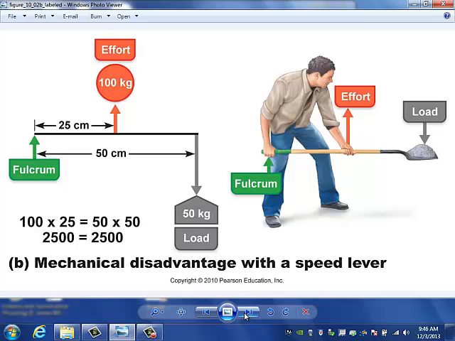So we have the fulcrum, the steady point down here at the end. The lever is this wonderful handle of the shovel, and the effort is you picking up on that lever. The load would be whatever you have in the end of your shovel. So the lever system has several different ways that it can move a load.